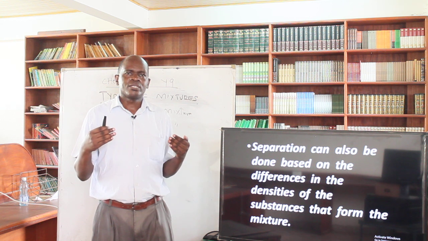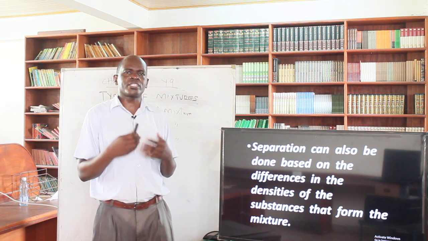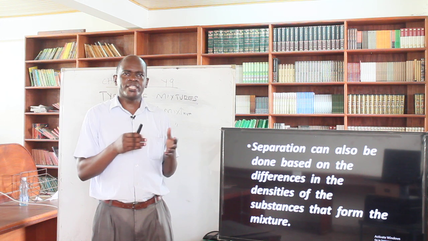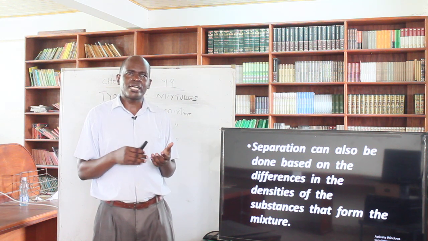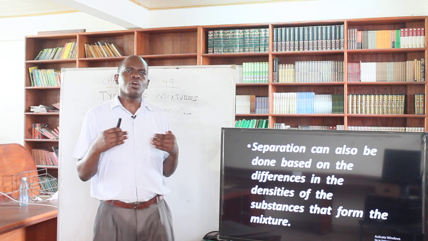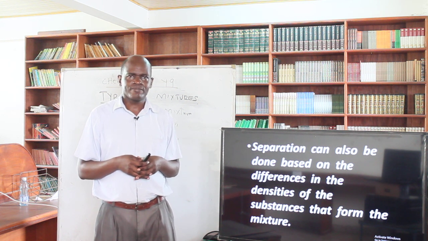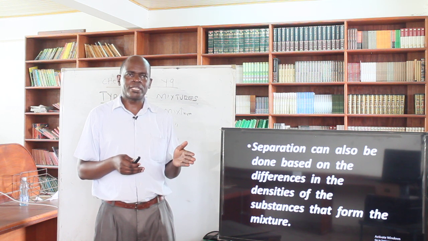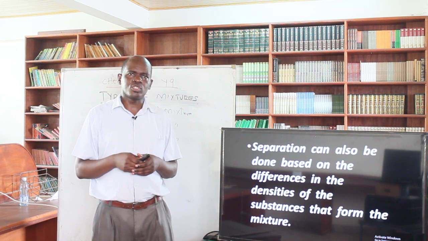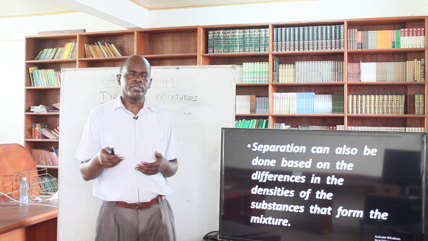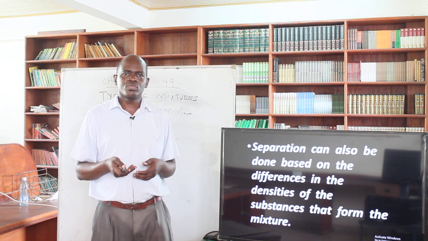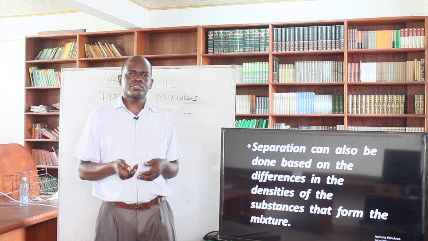Implying that we can have a mixture, let's say a solid-solid mixture, solid-liquid mixture, liquid-liquid mixture, or gas-gas mixture, whose components have different densities. We have a liquid with this particular density. One liquid is higher, the other one has a lower density. So it means we can take advantage of that, then select the most suitable method that we can use to separate such a mixture.